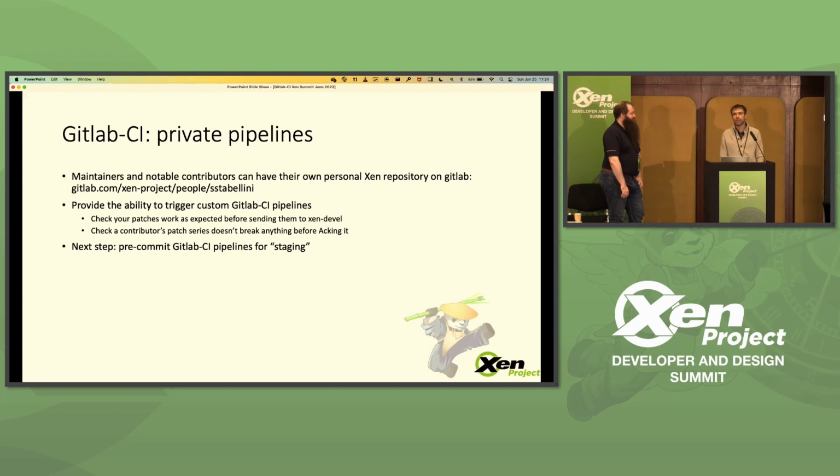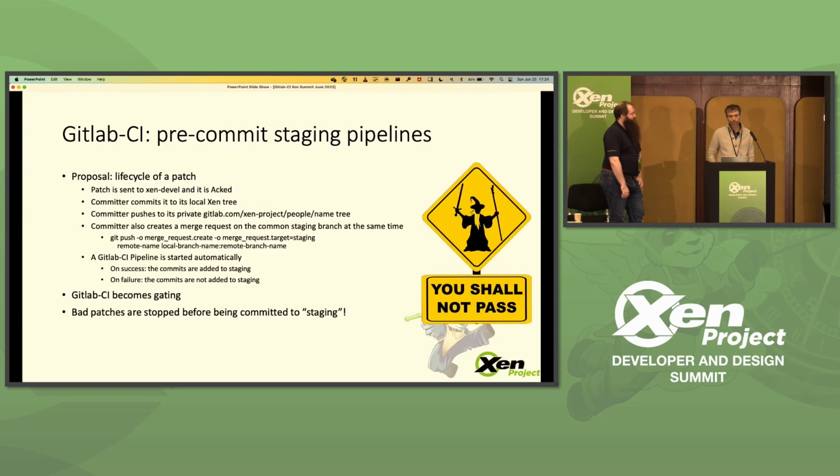Now, the next step is to do this automatically for staging. And this is what we talked about yesterday in the design session: we want to block bad patches, bad commits from even entering staging. This can be done with the merge request scheme, where the committers push to their own private tree, triggering the pipeline, marking it as a merge request, and then if the pipeline succeeds, those patches are automatically committed, moved to the staging tree on GitLab in a fast-forwarding way.